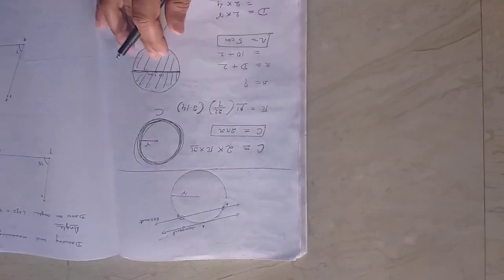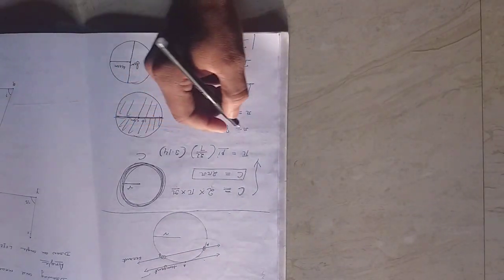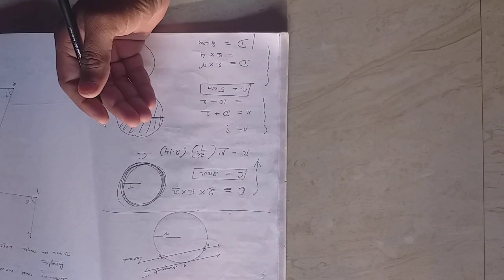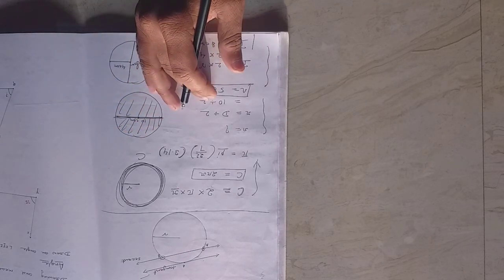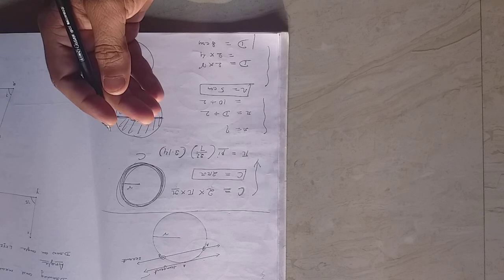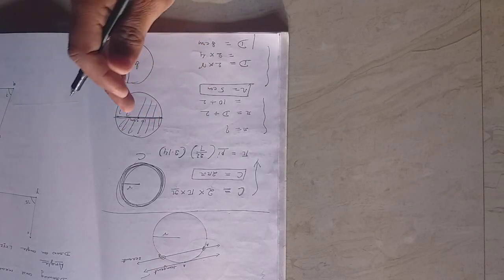So this was all about the circle, children, and here I have shown two very easy examples. Whenever the radius is given, you have to find out the diameter. You just multiply it by 2. And if a diameter is provided and you have to find out the radius, you just divide it by 2.